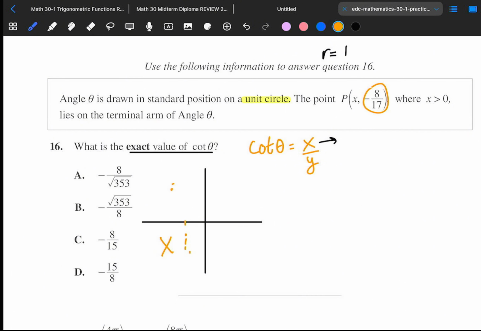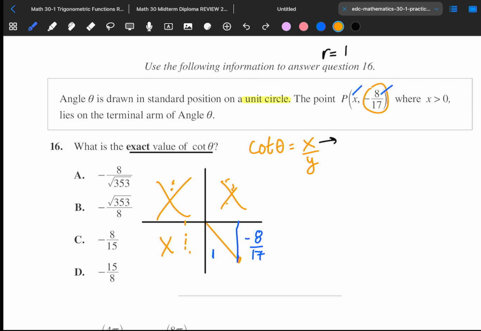It can't be in this quadrant either, because we would have a positive y. It can't be in this quadrant because we would have both a positive y and a positive x. So it has to be in quadrant 4. This angle has to terminate in quadrant 4 because in this quadrant we have a positive x and a negative y. So just drawing this out, our radius is 1 and our y is negative 8 over 17, because it's on the unit circle.